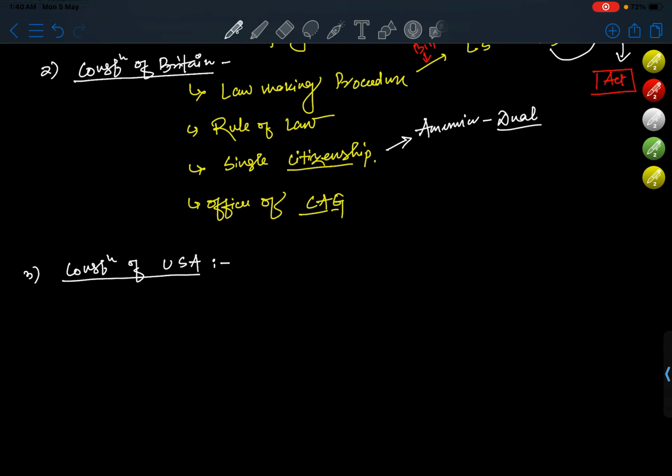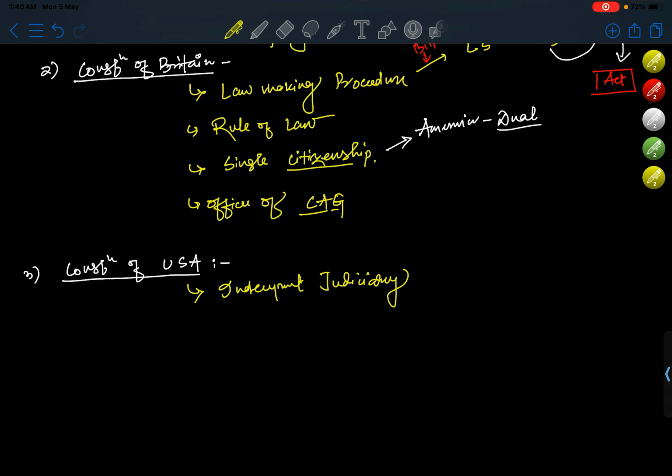From the Constitution of USA, several things have been taken. For example, independent judiciary. What is independent judiciary? In India, the judiciary has a power called judicial review.